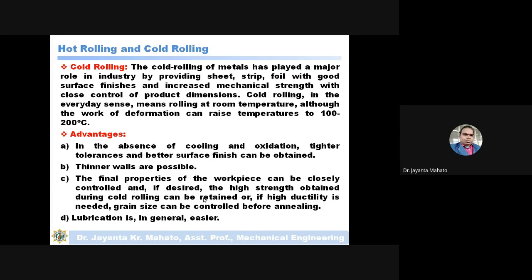This annealing is done to reduce the residual stress. If the material was previously deformed, there may be some residual stress, so to remove this residual stress, an annealing process has to be carried out before the rolling process.